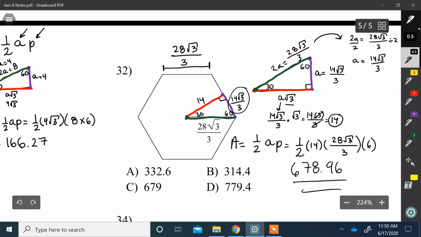So I actually got a more precise answer than the multiple choice. So number 32 should be 679.